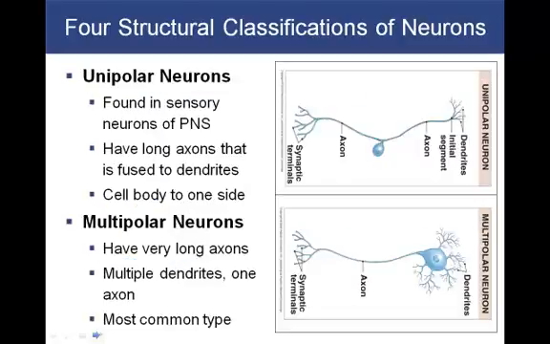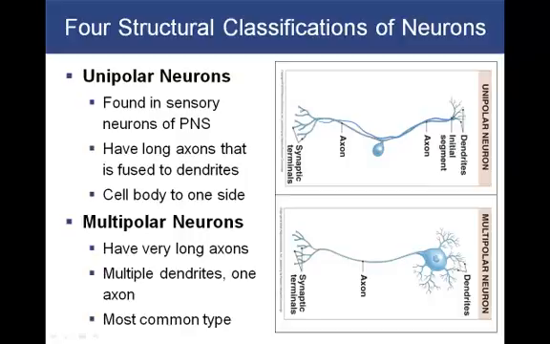Unipolar neurons are found as sensory neurons of the PNS, or the peripheral nervous system, and they have a very long axon. In fact, this entire length is the axon, and you see that you have a fusion.